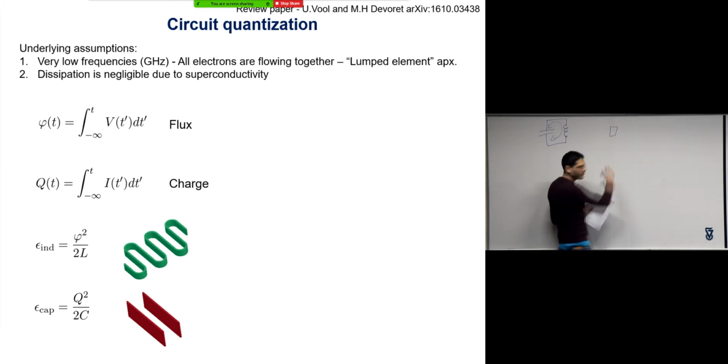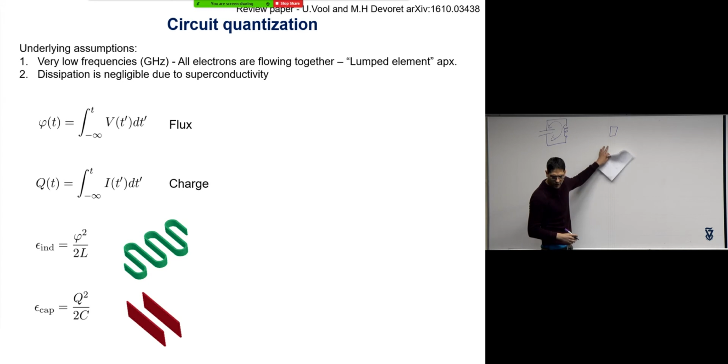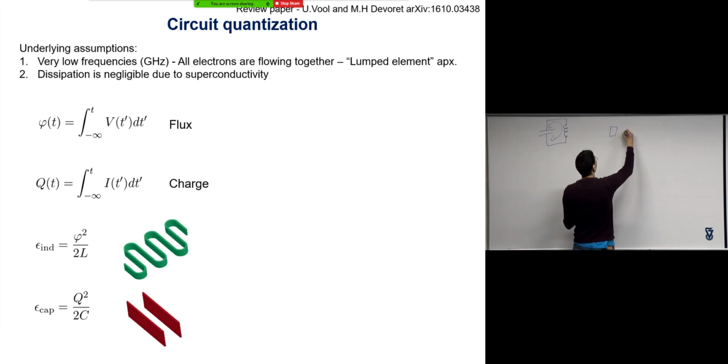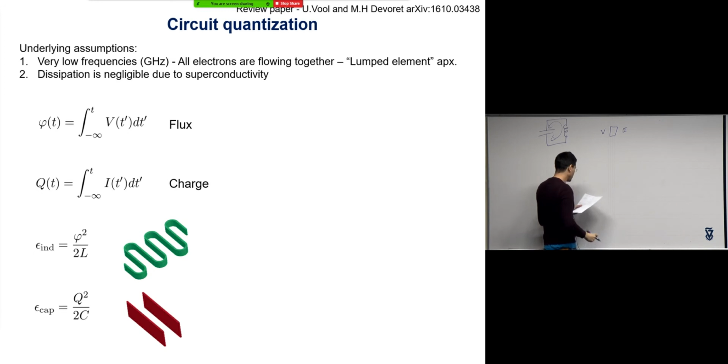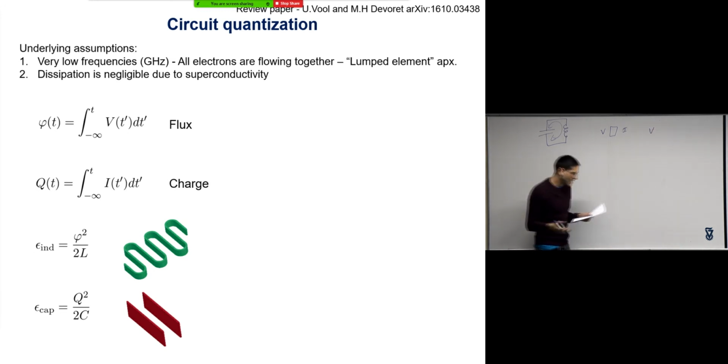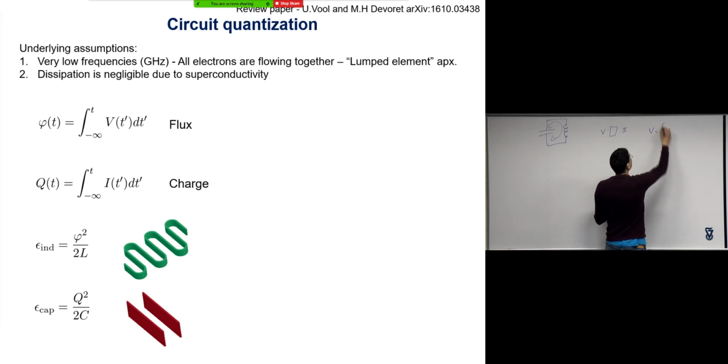So suppose that we have some element over here. You can see the board, right? Suppose that we have some element over here, and this element has some current flowing through it, I. It can be I like that. And it has some voltage over it, V. Now, the voltage across this element is defined by the integral.